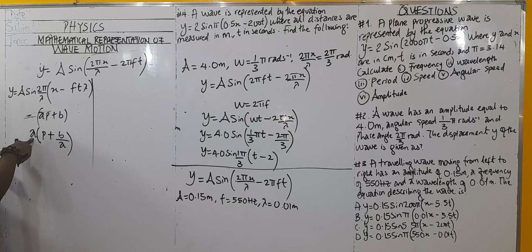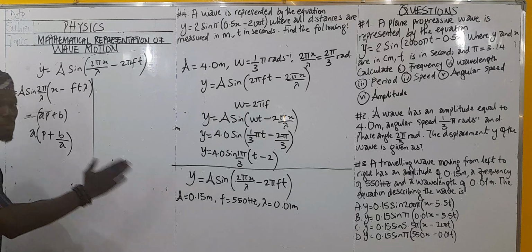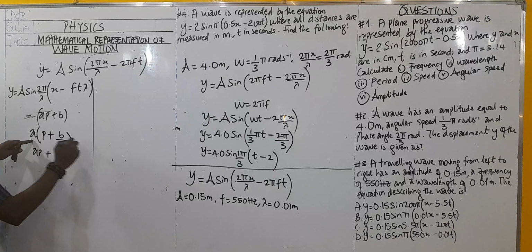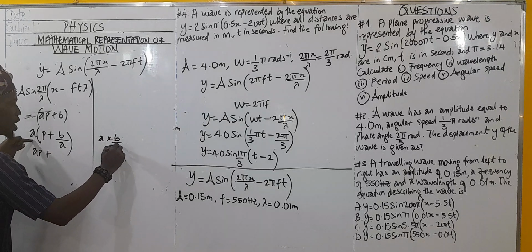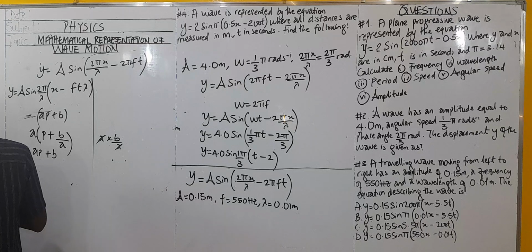If what I'm factorizing out is a, I will introduce that value as a denominator in the variable where it is not found. Why? Because when you factorize out and want to expand back, you must have the same answer. Look at it. A times b over a is ap plus a times b over a. A will cancel a, and I will be left with b. Do you understand? Okay.